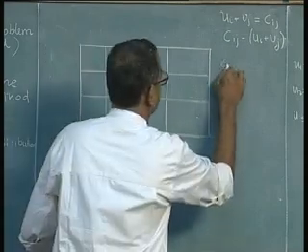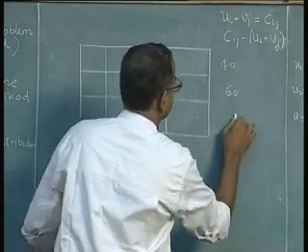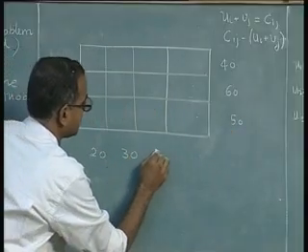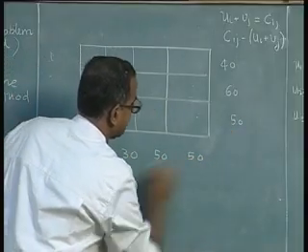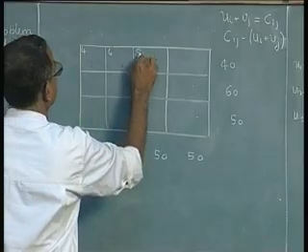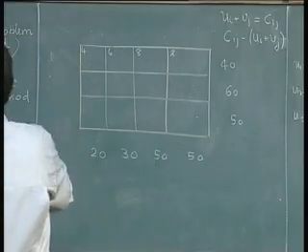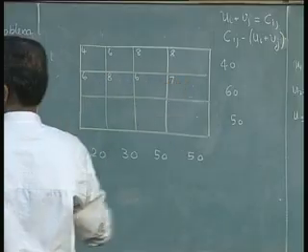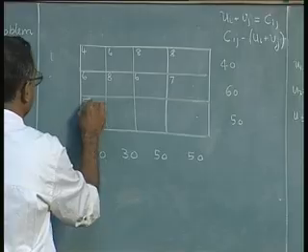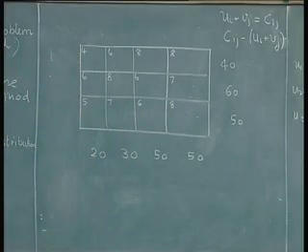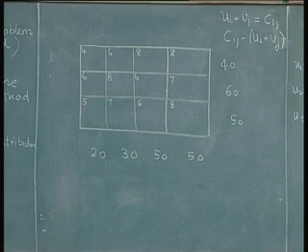Supplies are 40, 60 and 50, requirements are 20, 30, 50 and 50, and these are 4, 6, 8, 8, 6, 8, 6, 7, 5, 7, 6, 8, and we look at a different allocation for the degenerate basic feasible solution.